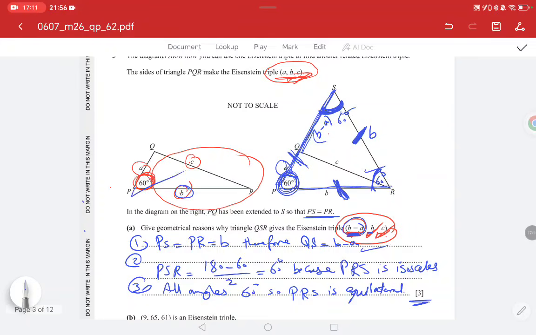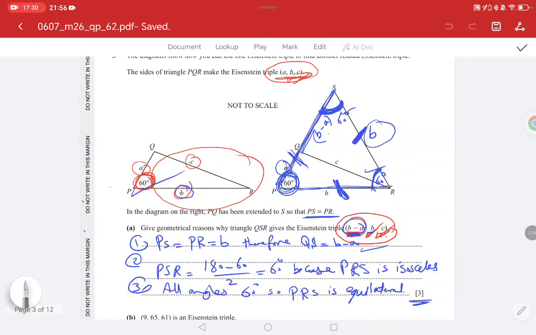The third one, we need also to prove that one side is B. Okay, so in this case, all angles are the same. Okay, so all sides here the same. So this one is equilateral. So now we know that we have B as well.